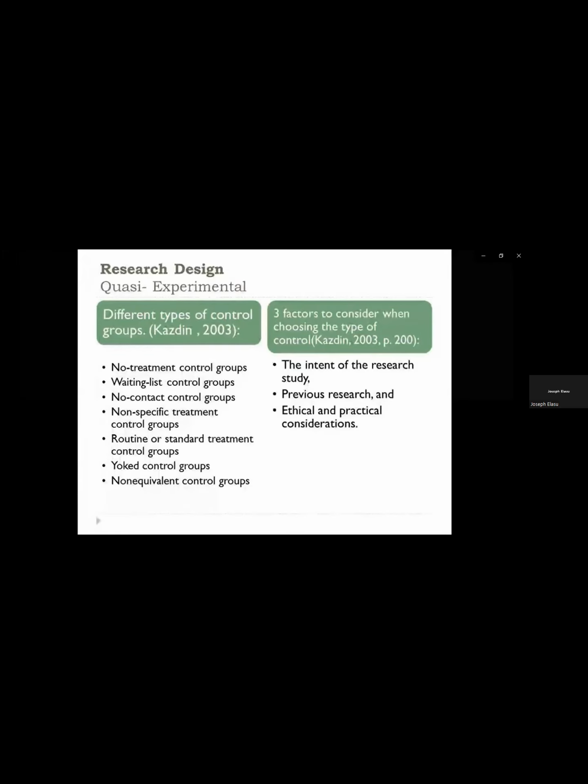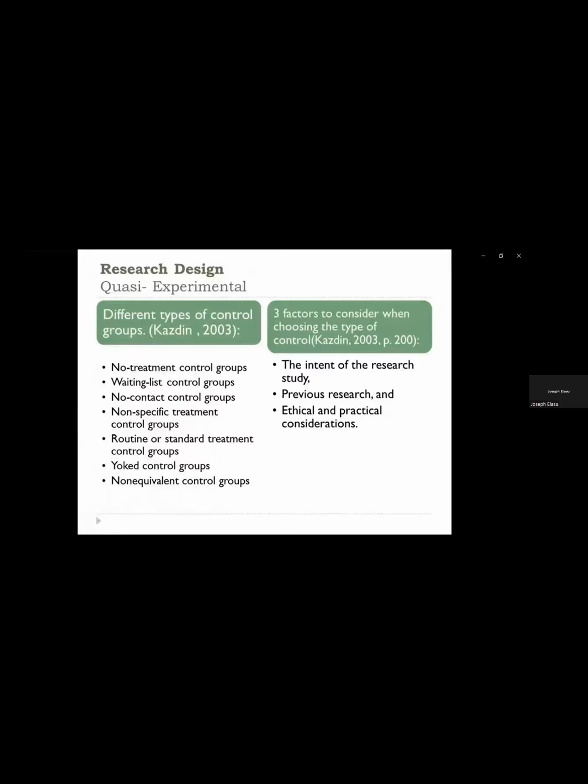Let me go back and just remind you, quasi-experimental design has two characteristics, manipulation and control. It is often used in educational research because it's impossible or not ethical to do the more rigorous true experimental design, which we're going to talk about next. And really the aim of a quasi-experimental design is to determine the effectiveness of some type of intervention.